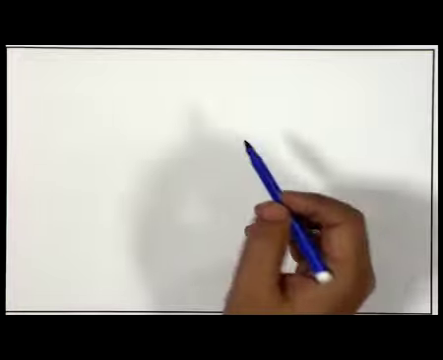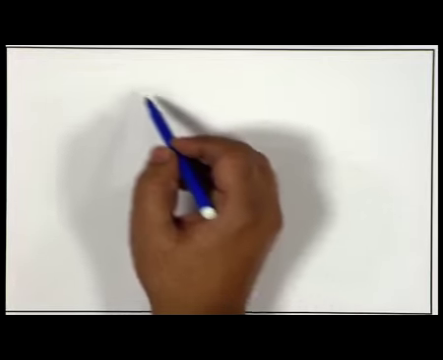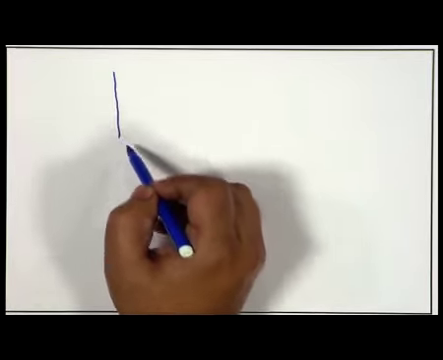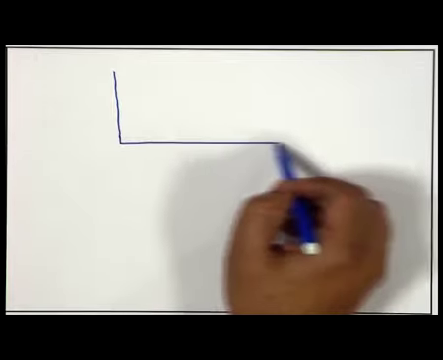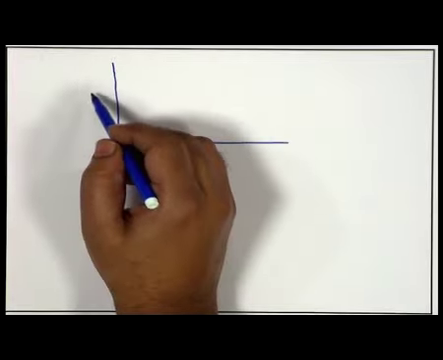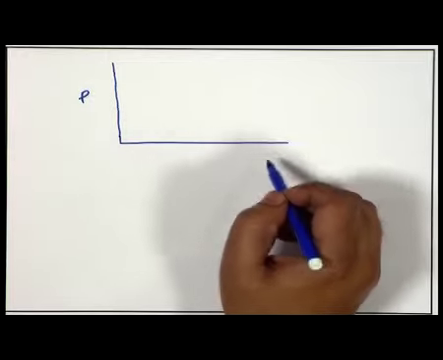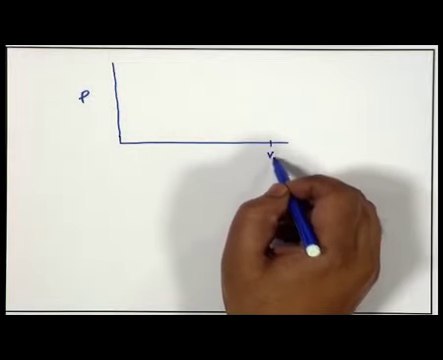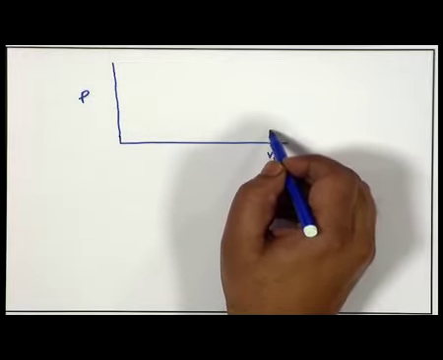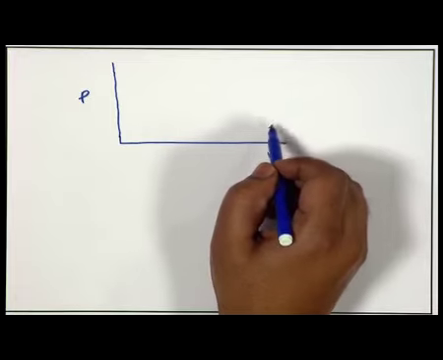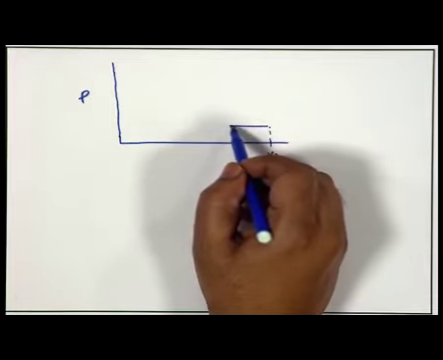Now, if we go back and do the same in multiple steps, just pictorially: pressure, and this is the initial volume, and we decrease it.